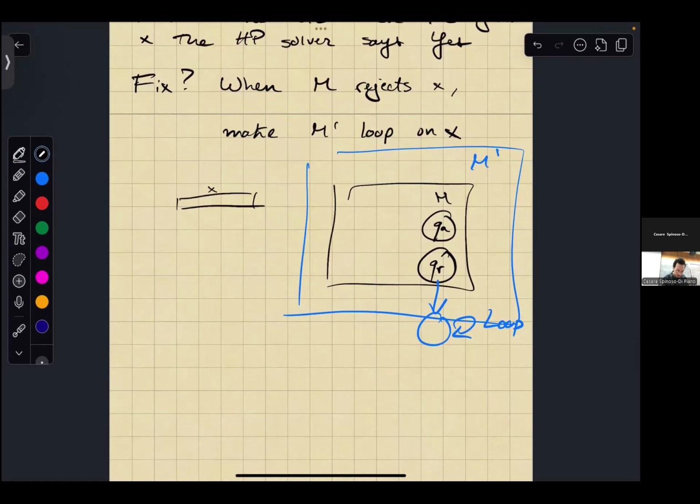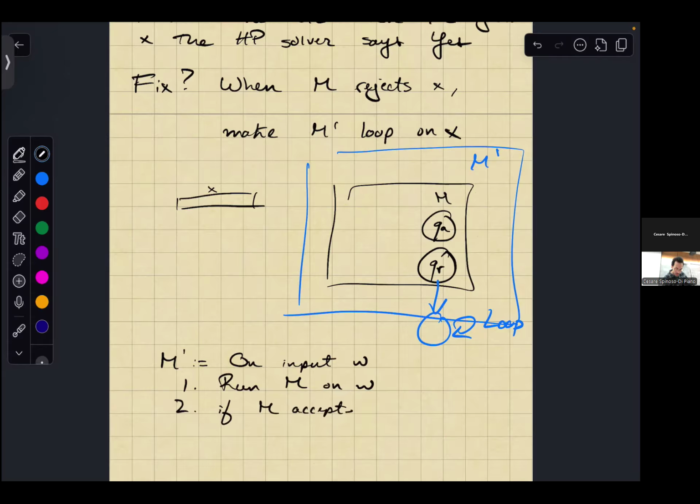Maybe a bit more compactly, because this is going to be the way I'm going to represent future reductions, the way that you could also write this is, M prime on input W, right? What M prime does is that it runs M on W. If M accepts W, then M prime itself accepts the initial input.